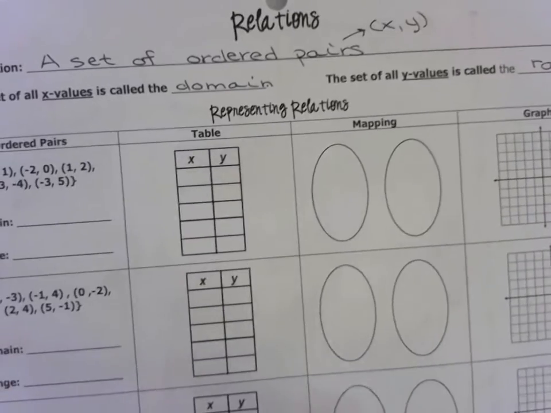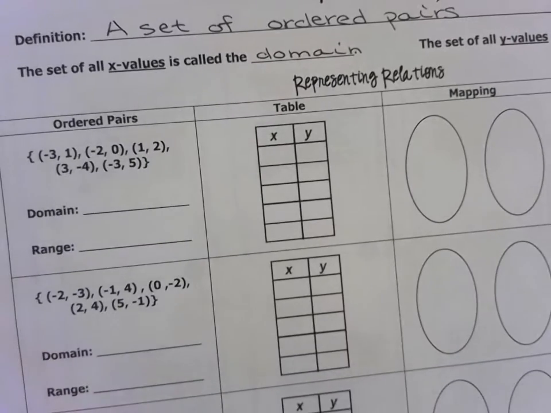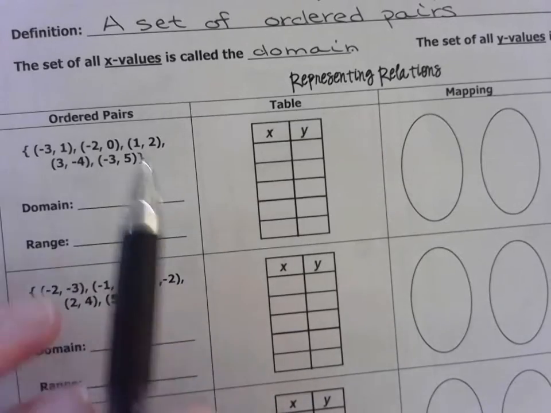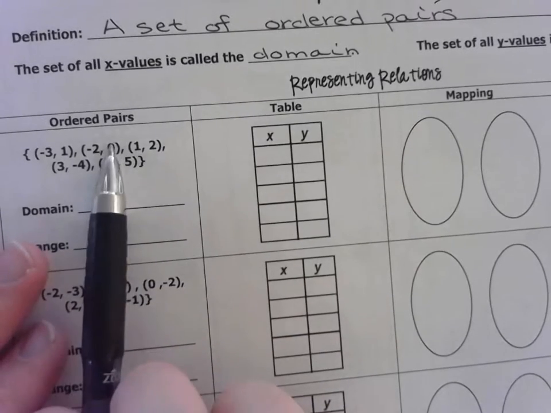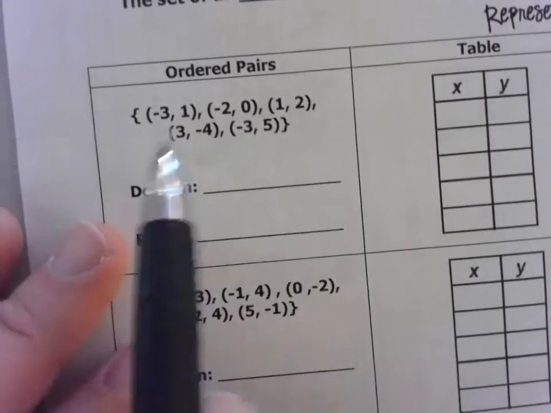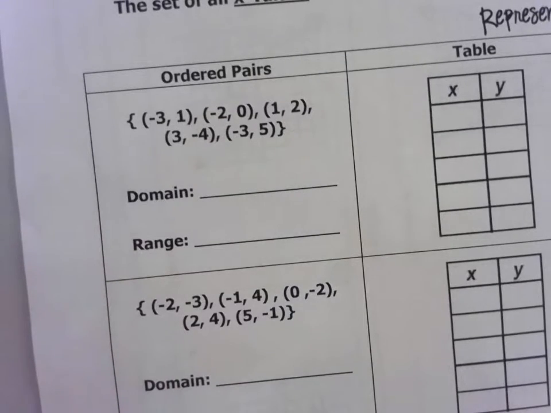Let's go ahead and look at a couple of these. We are representing relations. There are 4 ways to represent a relation. Actually there's more, but for right now we're going to talk about 4 ways: ordered pairs, table, mapping, and then a graph. If I look at this set of ordered pairs, it is a list of ordered pairs.